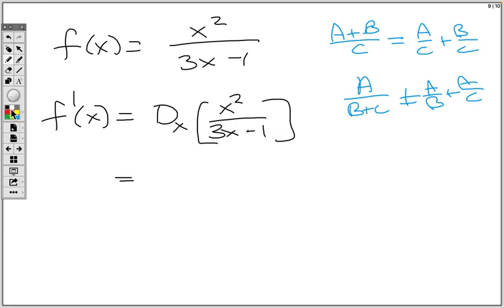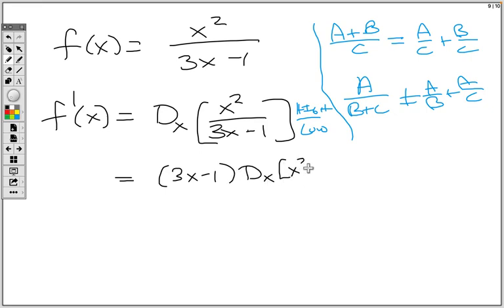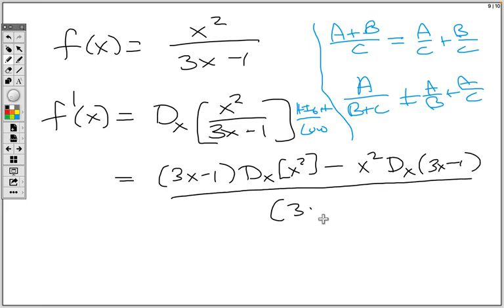And so we've got our low function here, our high function here, and so we get going. Low d high, so 3x minus 1 times the derivative of x squared, minus high d low, x squared times the derivative of 3x minus 1. And we square the bottom, and off we go.